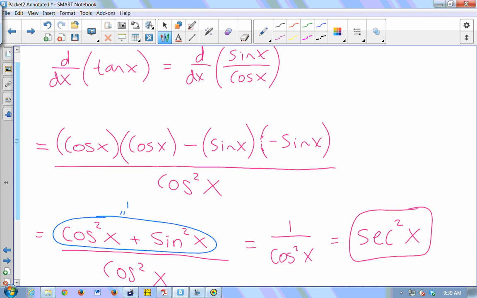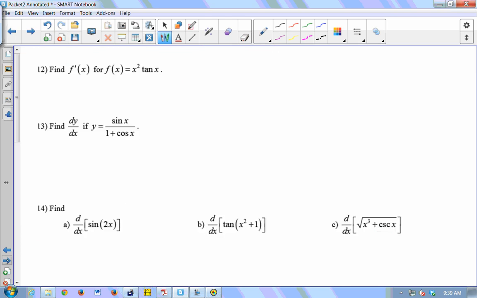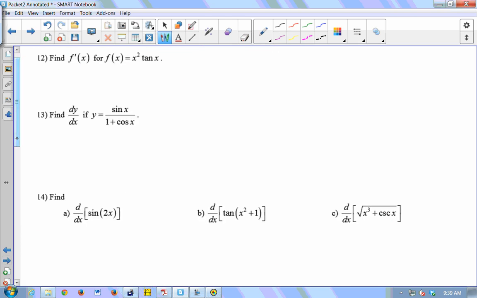Proving any of the other 3 that remain, using a quotient rule or a power rule and a chain rule, would also make a good bonus test question, or just a test question. Okay, so now I would like you to spend the last 10 minutes working through these last few problems.